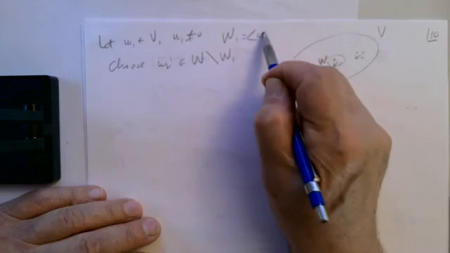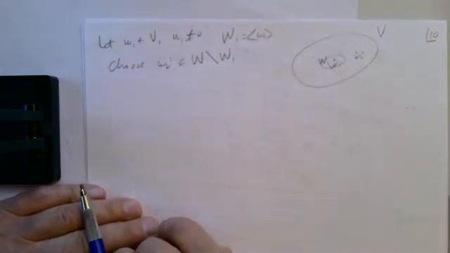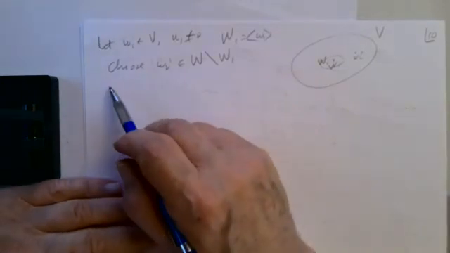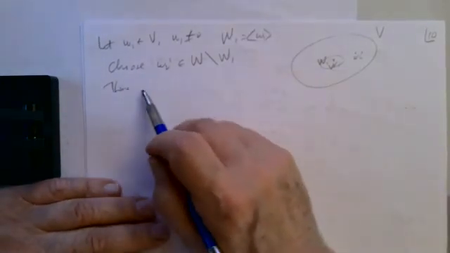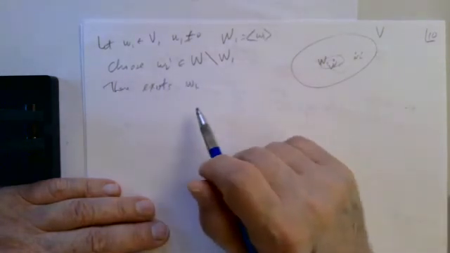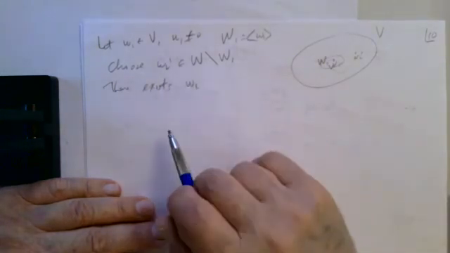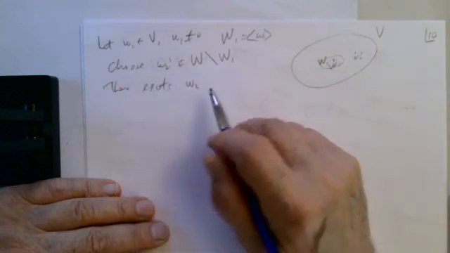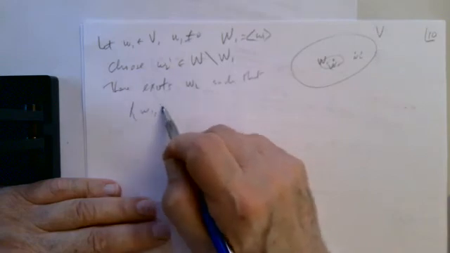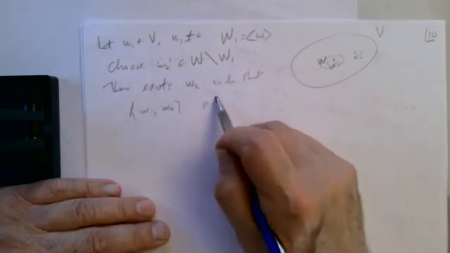W1 will be the subspace generated by this vector W1. So by the previous lemma, there exists a vector W2 such that W1 and W2 are orthogonal.